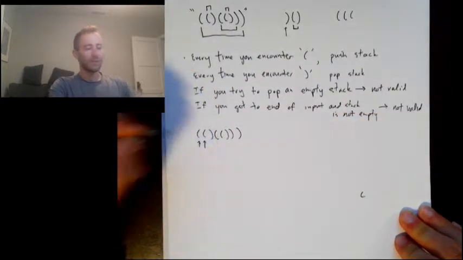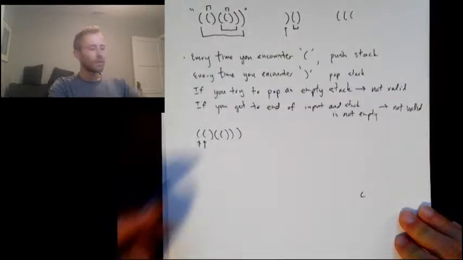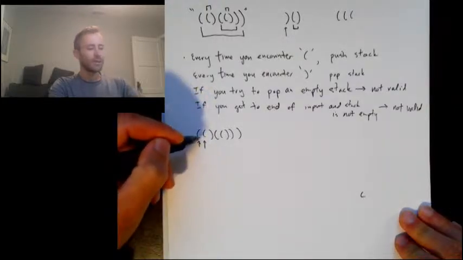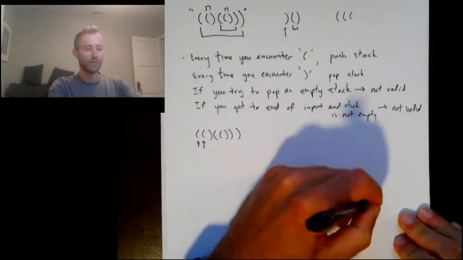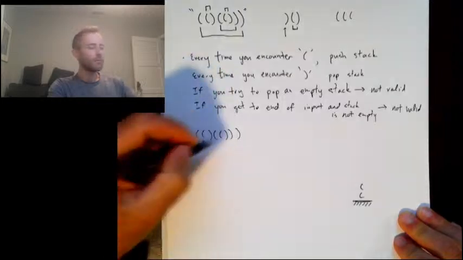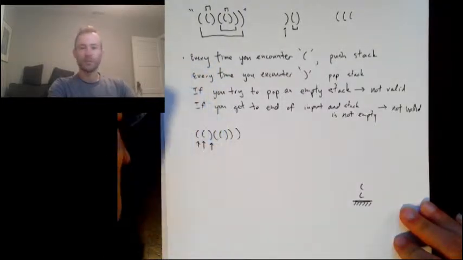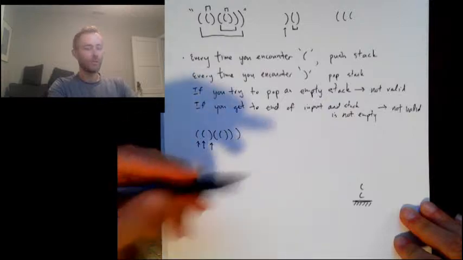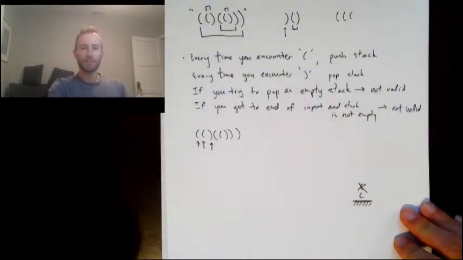Then I encounter that character, so again I push the stack. Now I encounter a closing parentheses, so I pop off the stack. This one is now off the stack.